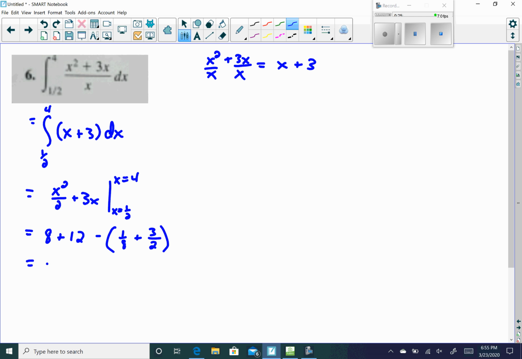So we're going to get a 20 minus a 1/8 minus a 3/2. I'm just going to turn everything into a common denominator of 8. So we're going to get 160 over 8 minus 1/8 minus 12/8. And this gives us 147 over 8.